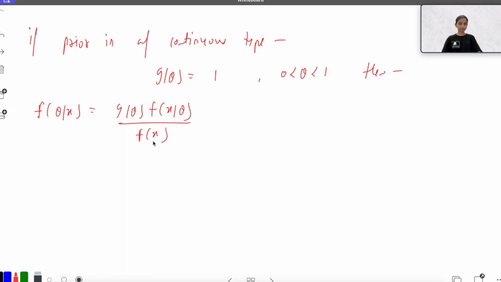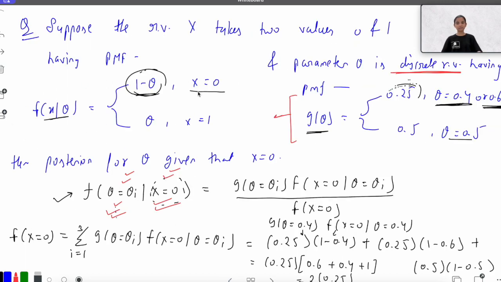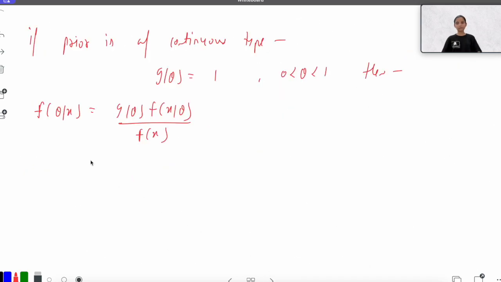Now for calculating this posterior, I need to find out the marginal corresponding to x. I am using the same distribution that has been given here, f of x given theta. The likelihood is basically the same that we are using.